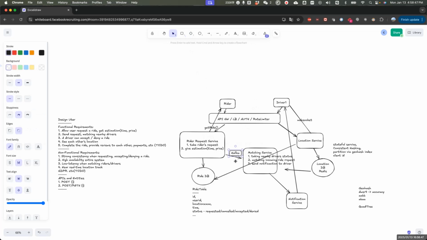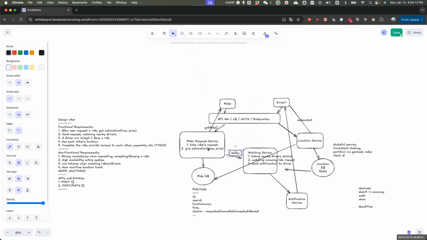Kafka is a little bit better here compared with other queues like SQS, because with Kafka we could partition the matching service together with Kafka as a consumer. And Kafka allows us to make it more fair.